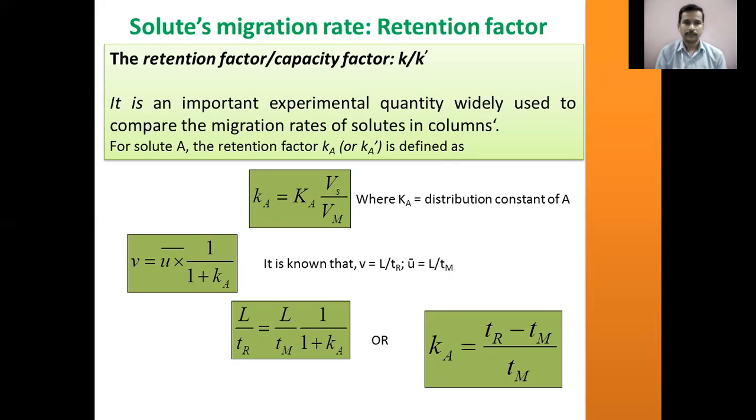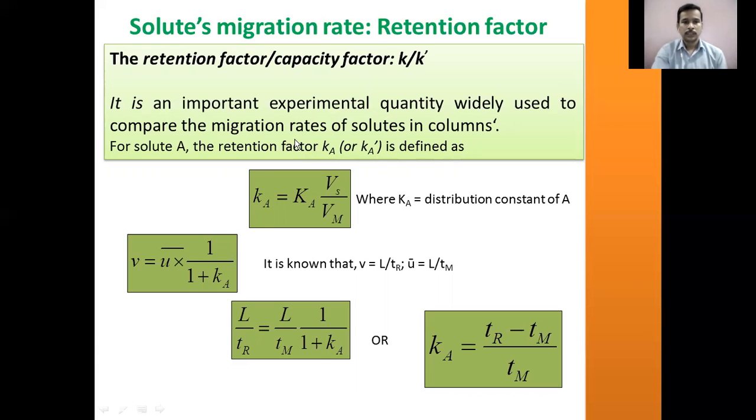Based on this value, we will be in a position to decide whether the separation process is taking place faster or slower, or whether the separation is feasible or not. We can decide by means of this retention factor value or capacity factor value, that is k or k dash.